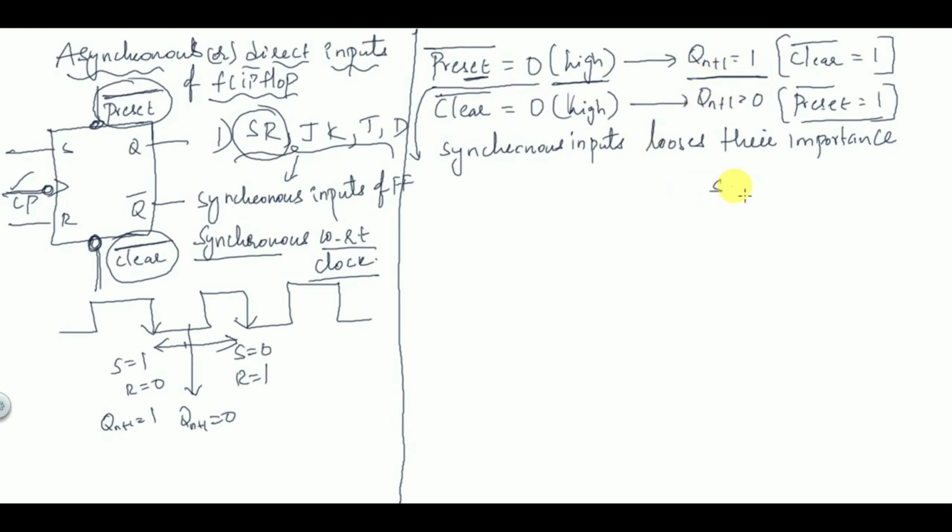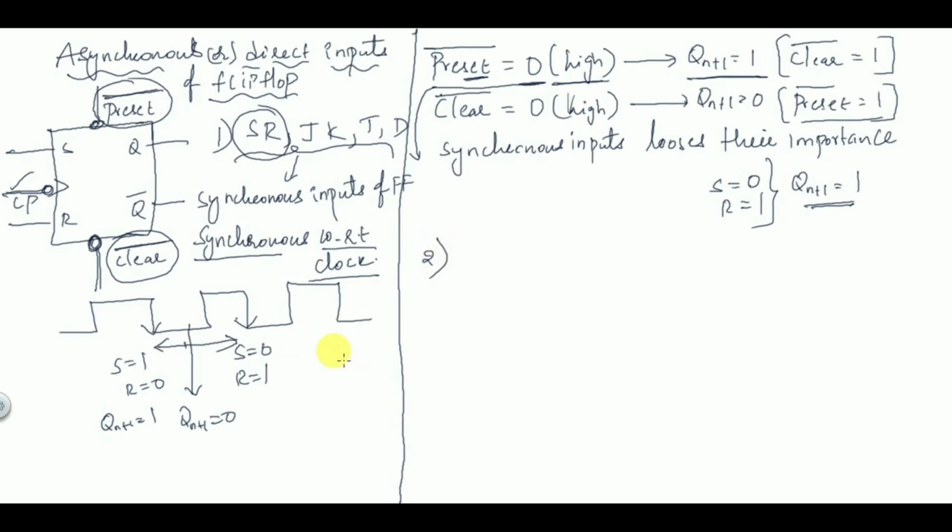Even if you give reset condition, S is equal to 0 and R is equal to 1, and you have made preset is equal to 0, then output is always equal to 1 only. So asynchronous inputs have higher priority when compared to synchronous inputs. Okay, so this is the important point which you have to remember.